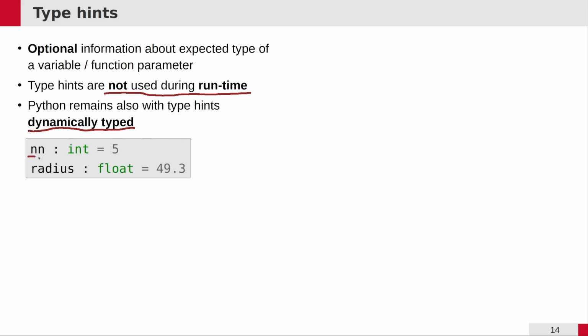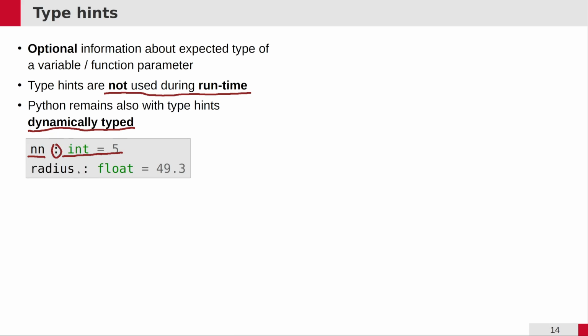If you want to, for example, declare a variable n with the value 5, and you want to say this n should be an integer in my program, then you can write a colon and then int. And then you say, okay, this is an n, an integer with the value 5.